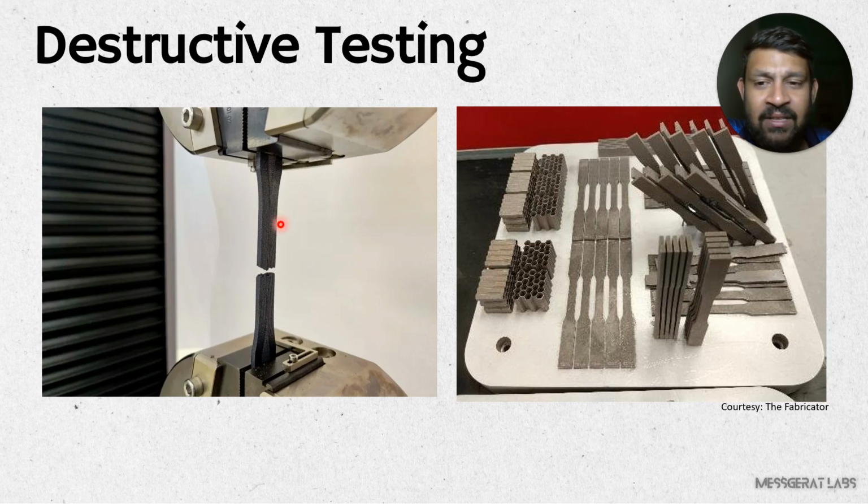You destroy the coupons, and until the point at which they get destroyed, you are measuring all the loads given to the part, and you get a stress strain curve. This is in general applicable for any mechanical method, for forging, casting, machining. You can make such coupons in any manufacturing method which is considered under engineering manufacturing methods, and you can do the strength evaluation using a universal testing machine.